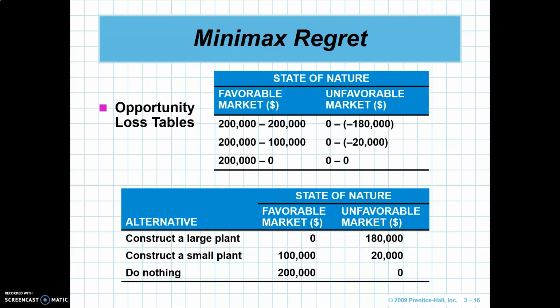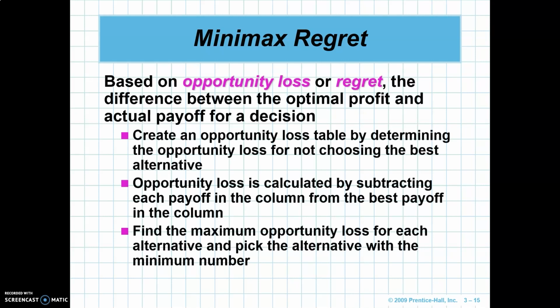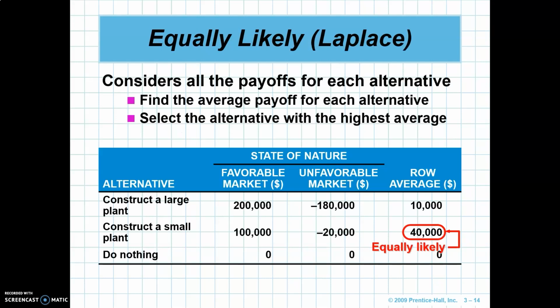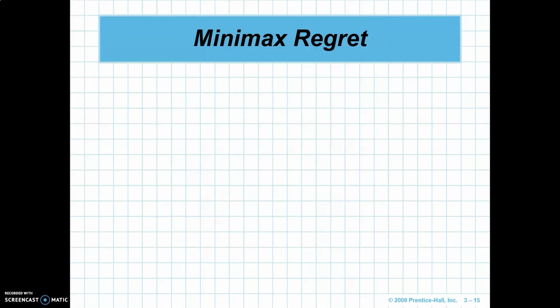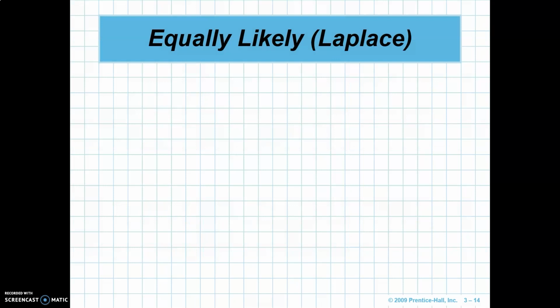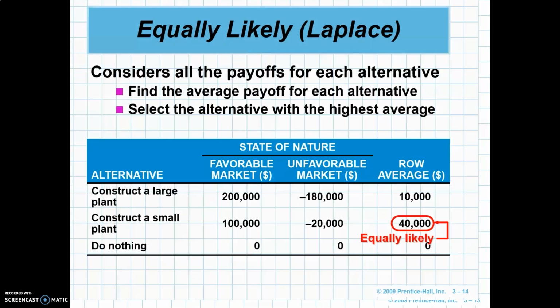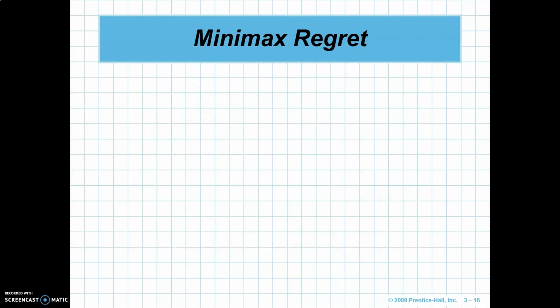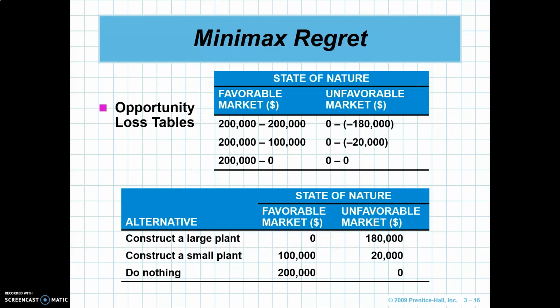The maximum for the first row will be 2 lakh, because we have three numbers: 2 lakh, 1 lakh, and 0. So the maximum is 2 lakh, right? I need to subtract each of the numbers from 2 lakhs. So 2 lakh minus 2 lakh will be 0, 2 lakh minus 1 lakh will be 1 lakh, 2 lakh minus 0 will be 2 lakh, right?